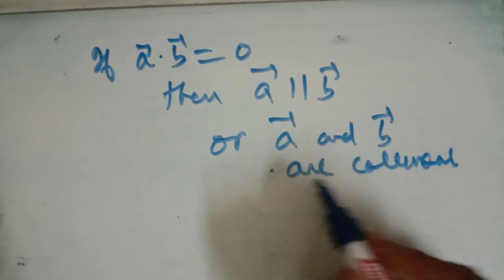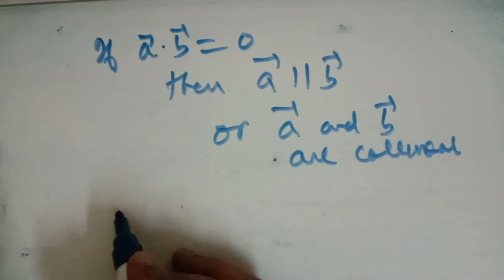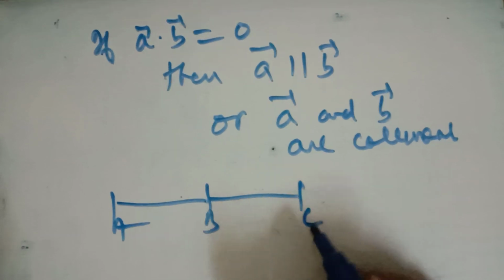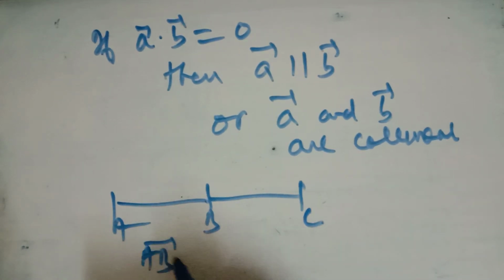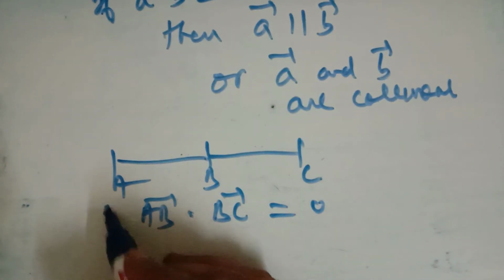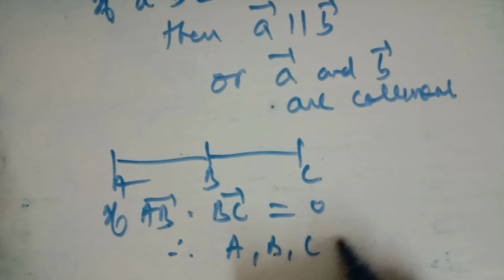Now how can we say when it is parallel or collinear? If I say the vector AB dot BC vector is 0, like this, that the point B is common, then I will say that A, B, C are collinear.